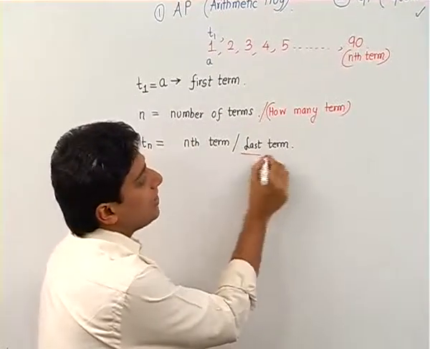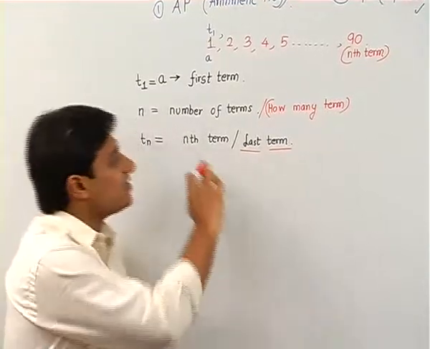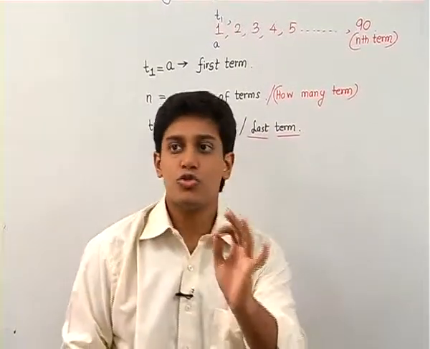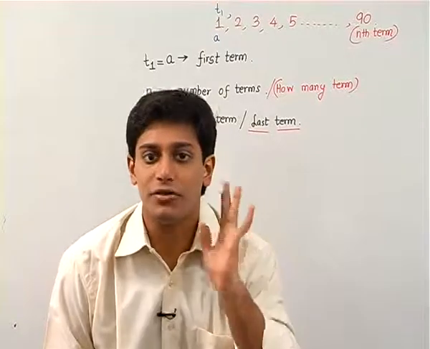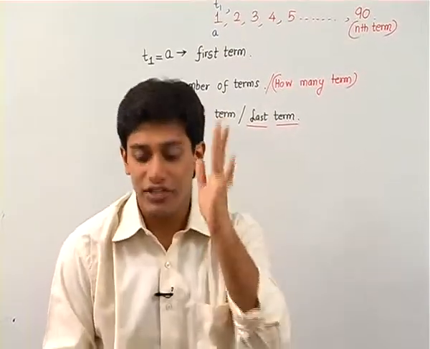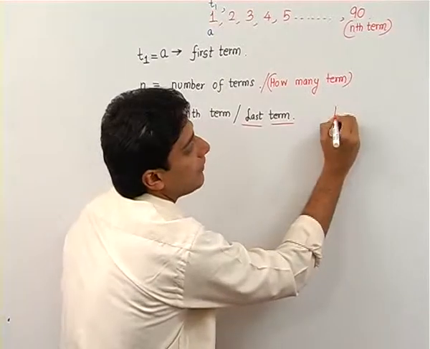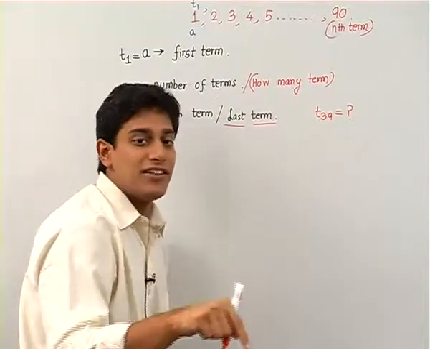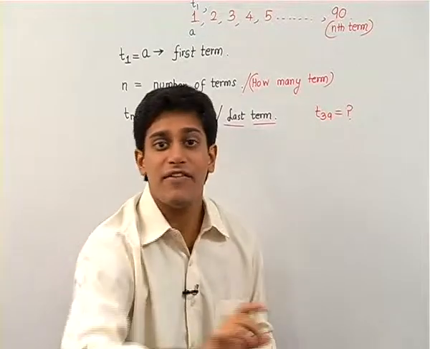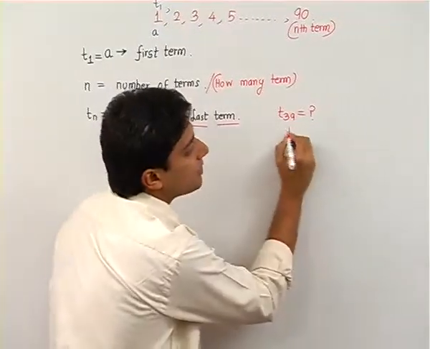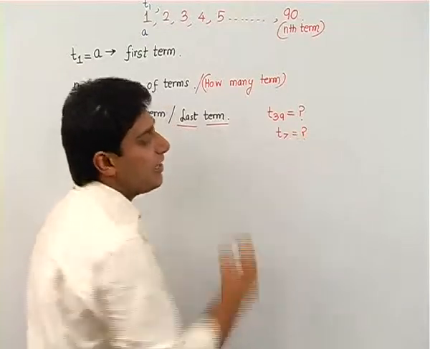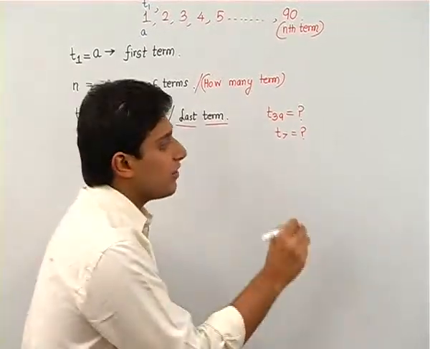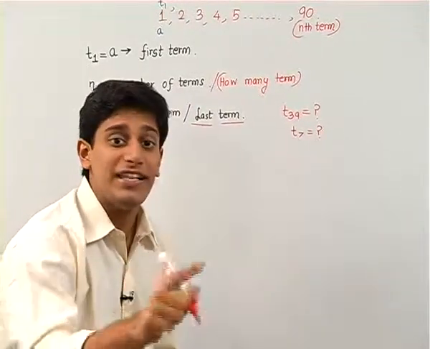It may not generally be the last term, but it is the nth term. If I ask you, students, tell me the 39th term. Which term? 39th term. So you will say, sir, we have to find T39. Students, tell me what is the 7th term. For the 7th term, what do you have to find? You have to find T7. Tell me the 11th term. What do you have to find? You have to find T11.